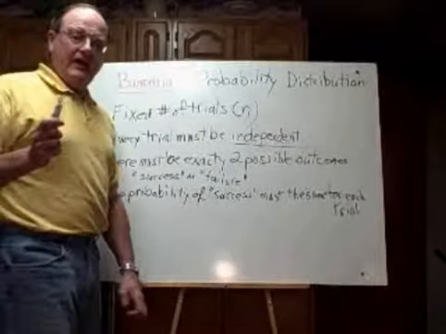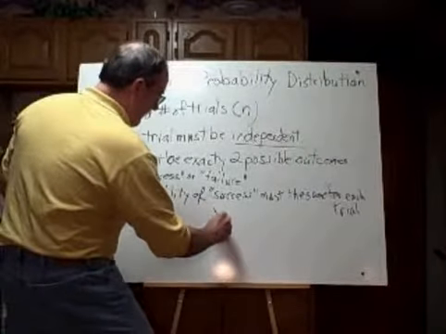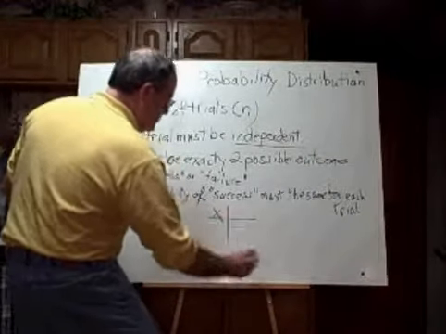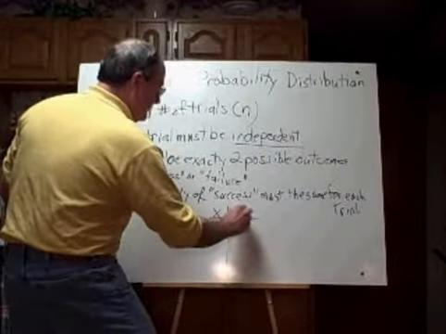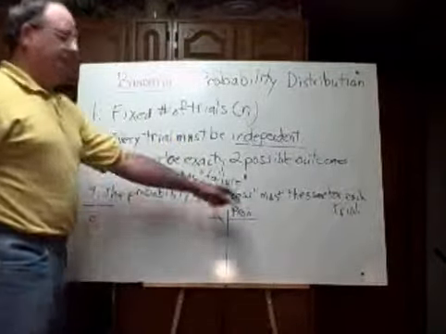The way we set up our probability distribution, remember, is very often shown as a table, with my x values here and my probabilities over here.